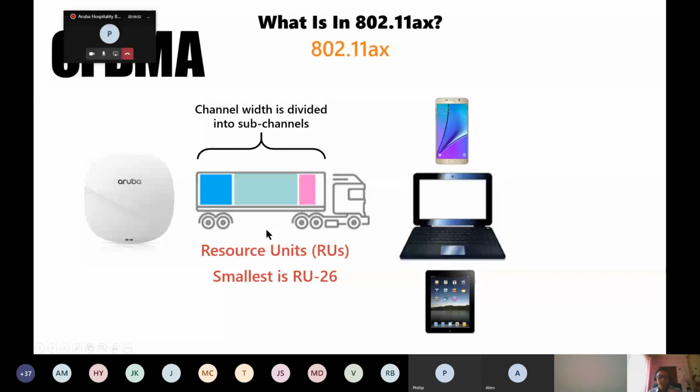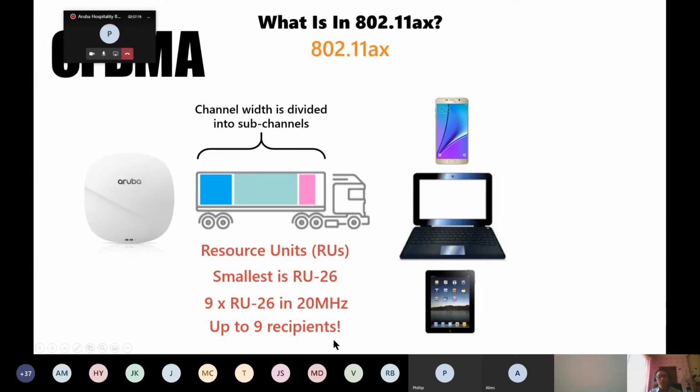It's a technical term, but we call them RUs. A single 20 megahertz channel is capable of fitting 9 small RUs. That means we are now capable of sending transmissions to up to 9 recipients, 9 clients, all at once.